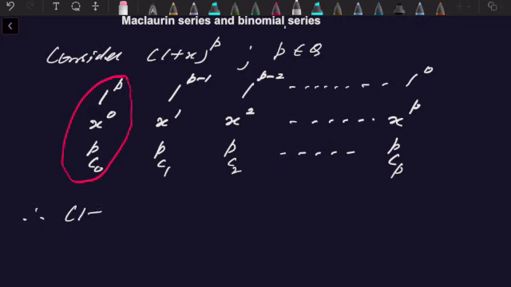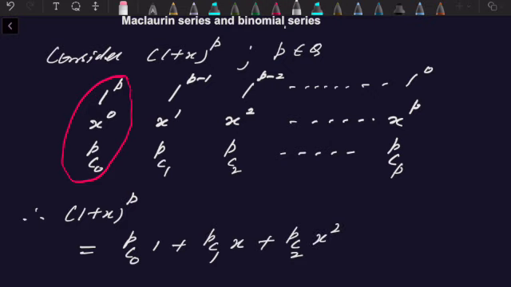So 1 plus x raised to power p is equal to pC0 times 1 times x raised to power 0, which is 1, plus pC1 times x times 1 raised to power p minus 1, which is x, plus pC2 x squared, and so on, the last term pCp x raised to power p.